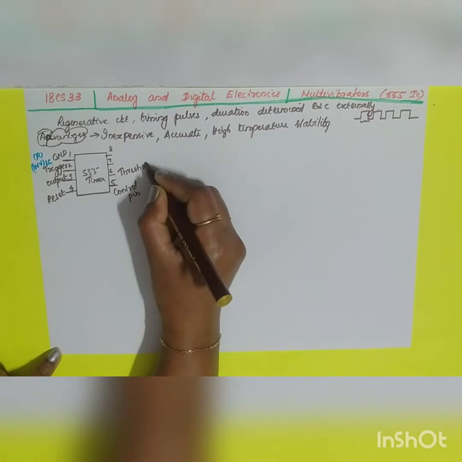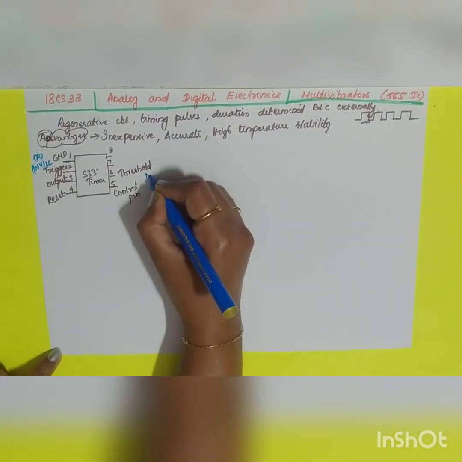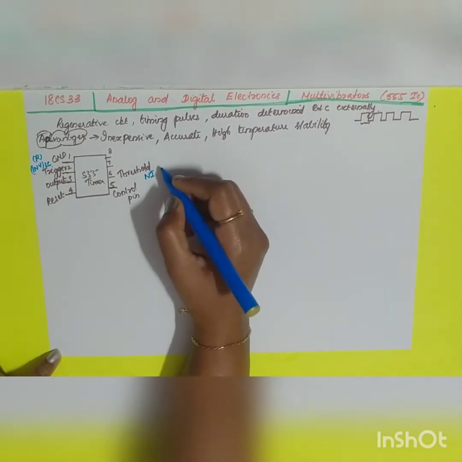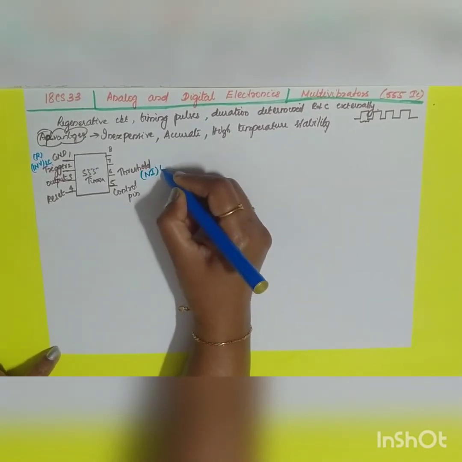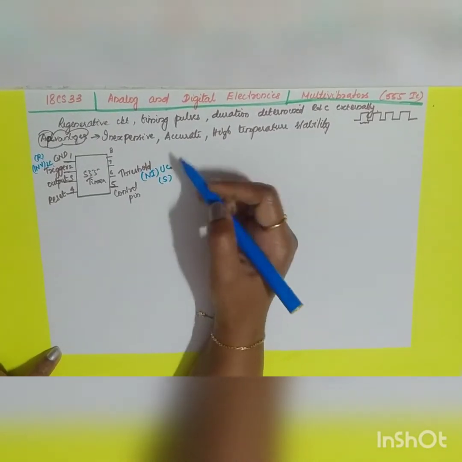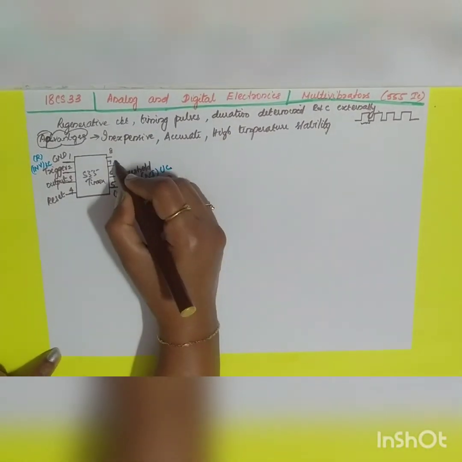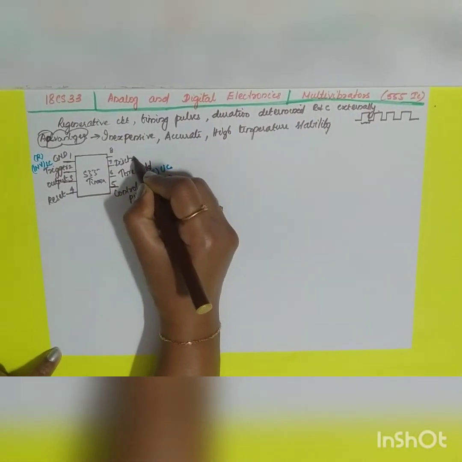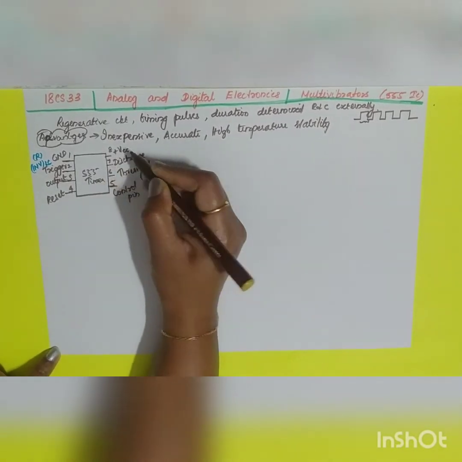This threshold pin will be connected to your non-inverting terminal, non-inverting meaning your plus, of your upper comparator, and it will set the flip-flop. Now the seventh pin will be your discharge pin, and the eighth pin is going to be your supply, VCC.